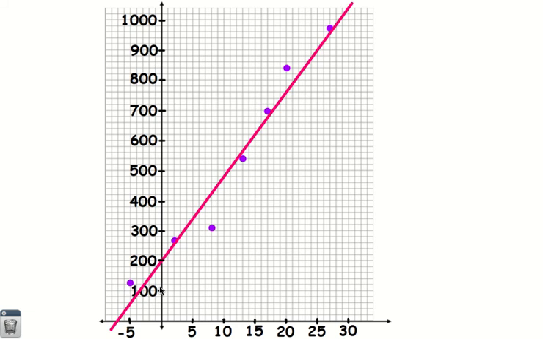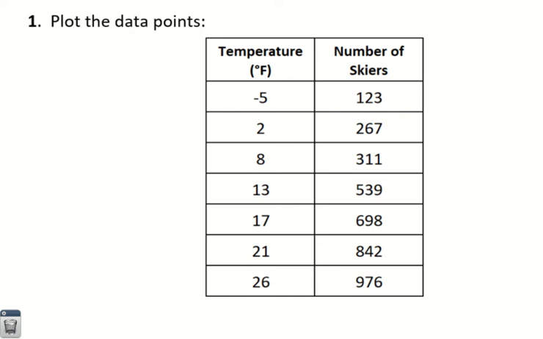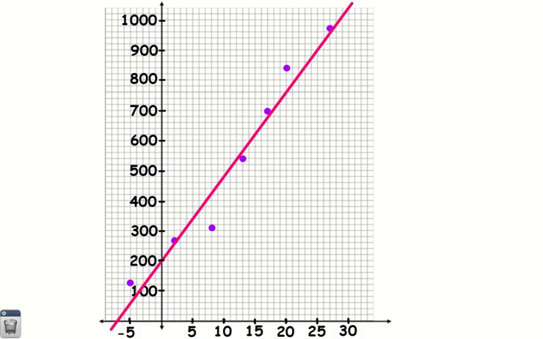As zoomed out as this is, I assume we can plot these points pretty well. Don't stress yourself out going, where's 539 exactly? Don't worry about it. So 13 comma 539.